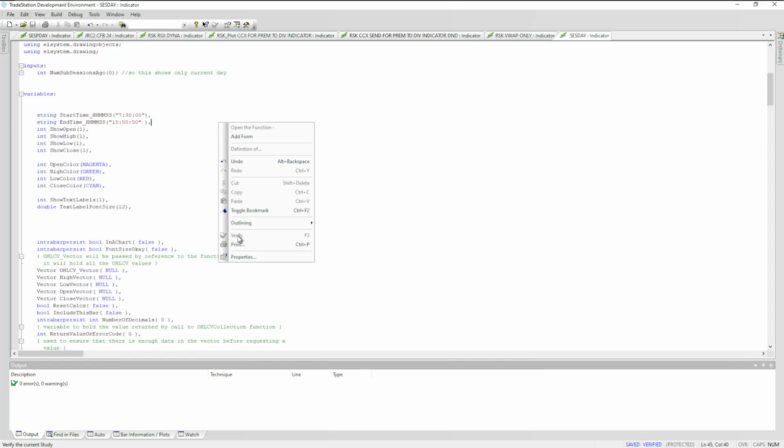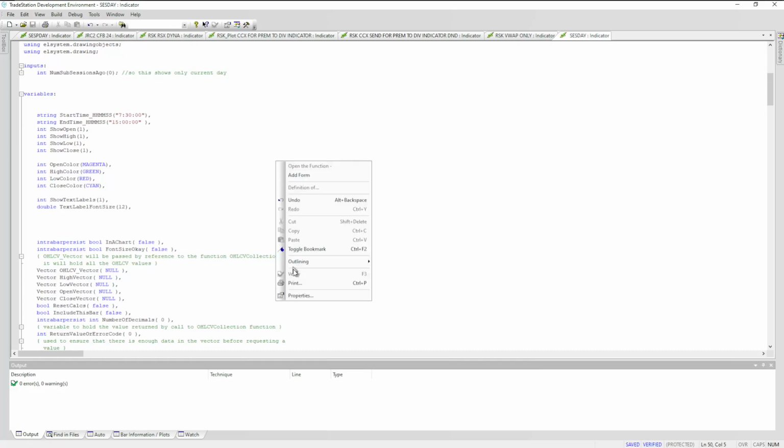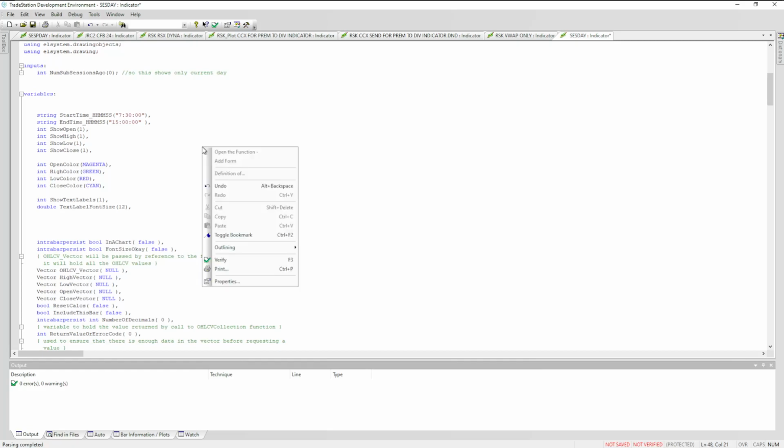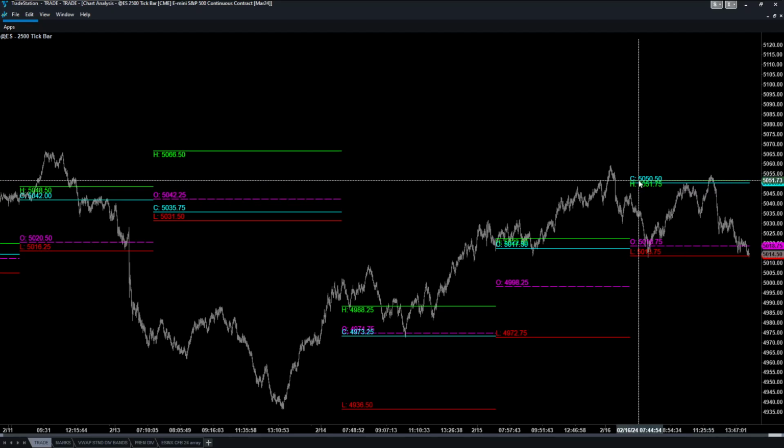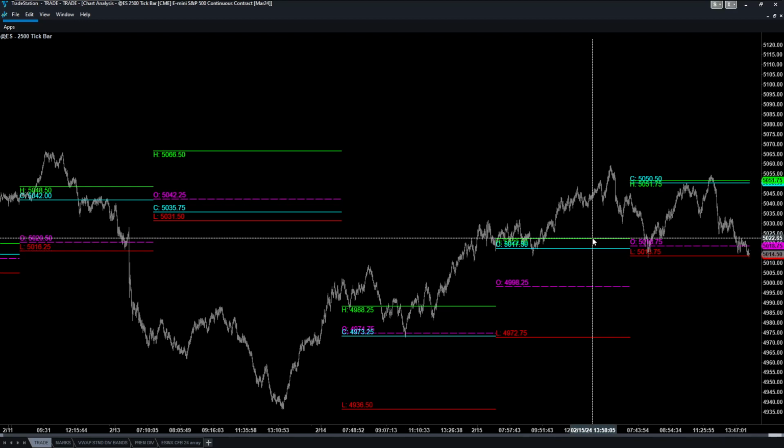If you manipulate anything in the easy language, you always have to verify it after it's done. So if I so much as just hit the space bar, I have to hit verify. Otherwise it won't propagate. So hit verify, and then you'll see the close of the previous day.